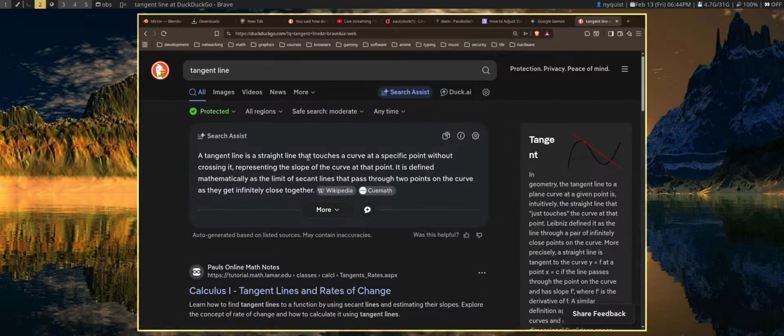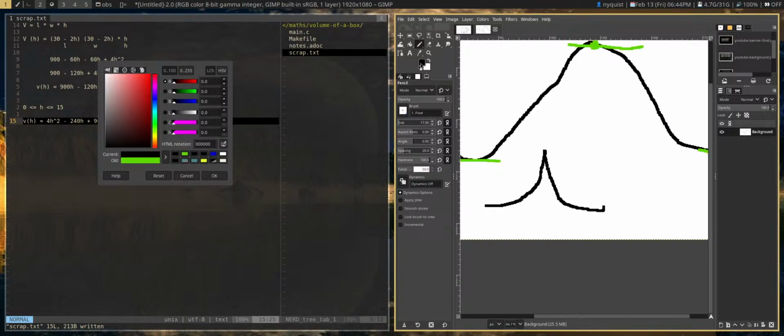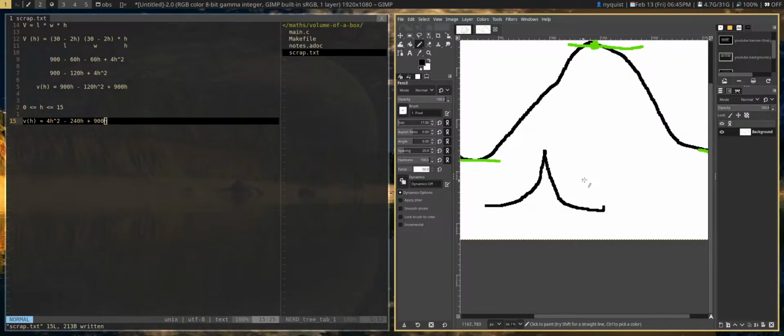It is a straight line that touches a curve at a specific point. But you can't draw a tangent line on a really pointy tip like that because it's not a curve. So anywhere you can't draw a tangent line, that spot is undefined, but it's still a critical number.